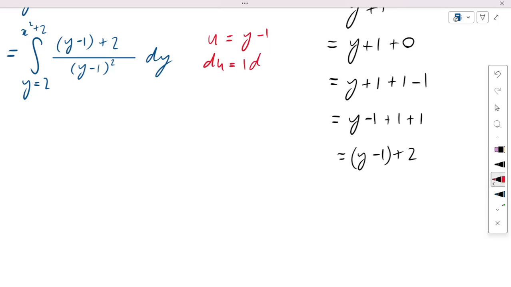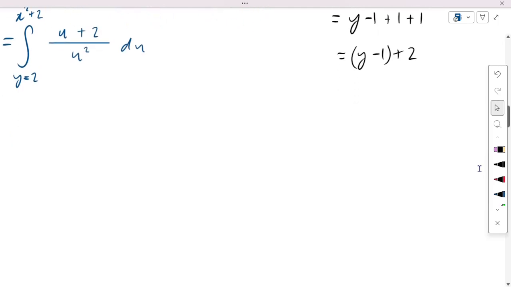So we're just left with 1 dy, but we don't need to write the 1 down, meaning we're going to replace dy with du immediately. Then we're going to substitute y minus 1 with u. So we're going to have the integral from y equals 2 until x squared plus 2 of u plus 2 divided by u all squared, because we have y minus 1 all squared, du. Okay, that's beautiful.